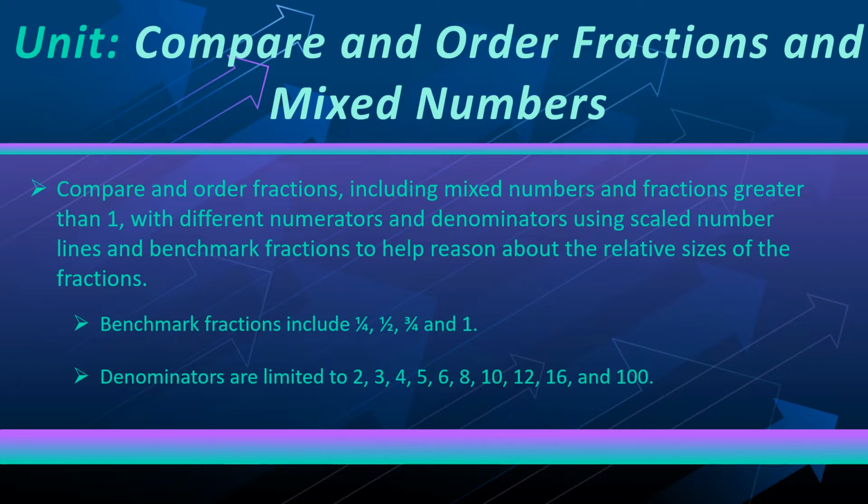We can also use fraction tiles and fraction circles, as well as drawing out those fraction tiles. Some of the benchmarks we might see are 1/4, 1/2, 3/4, and 1 whole. The denominators that we have would be limited to 2, 3, 4, 5, 6, 8, 10, 12, 16, and 100.